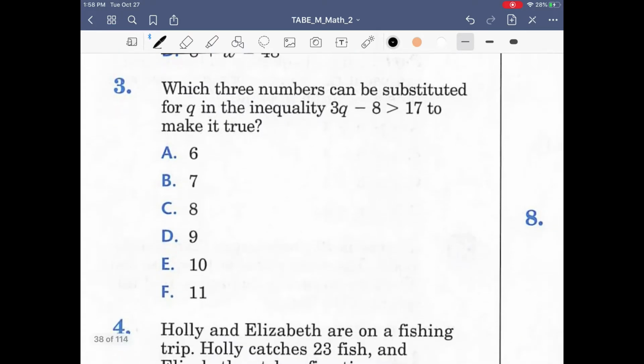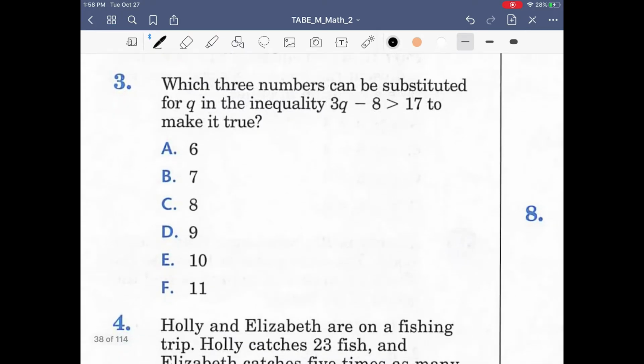Number 3. Which 3 numbers, so we need 3 answers on this one, can be substituted for Q in the inequality to make it true? Well, you can substitute all of those in there if you want. I am going to just solve the inequality and then pick my answers.